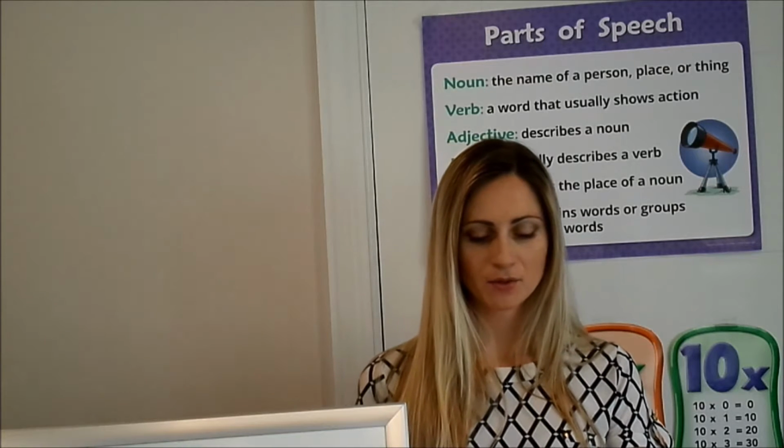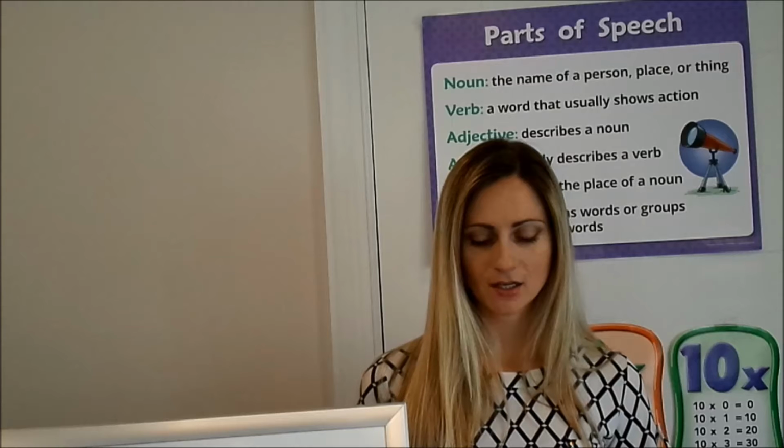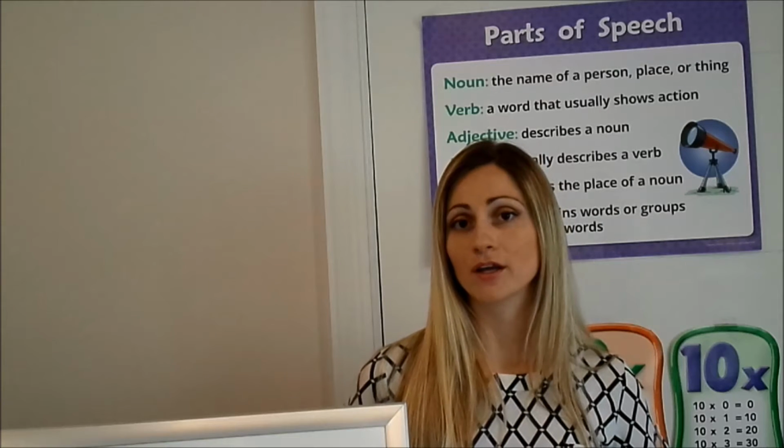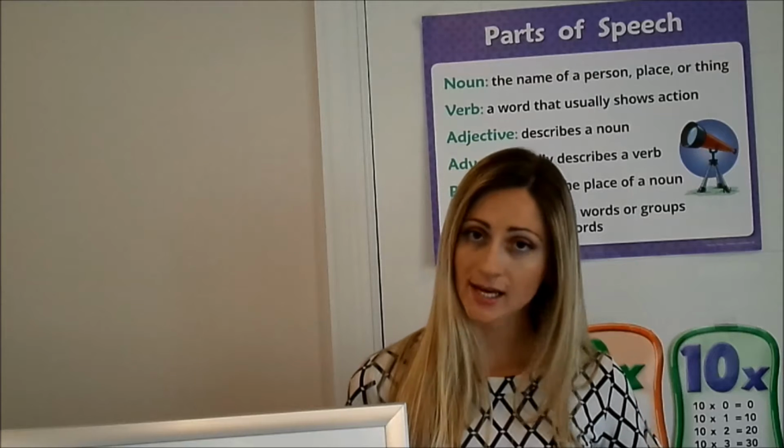Okay? Now, what question do you ask yourself when you're looking for a verb? Can I this or that? Very good. All right. I am going to read a sentence, and you are going to either show me the verb in that sentence, or if it's one of our helping verbs, you're going to say the helping verb.